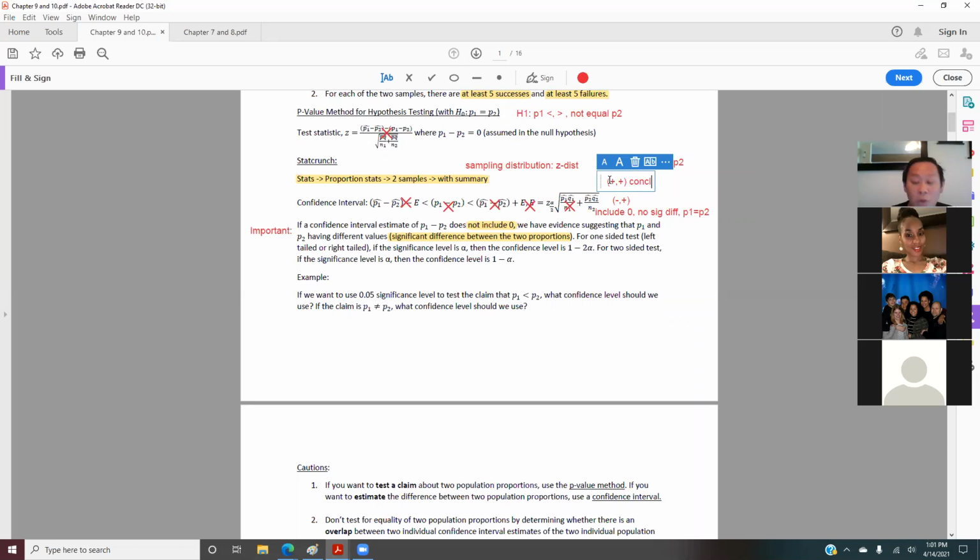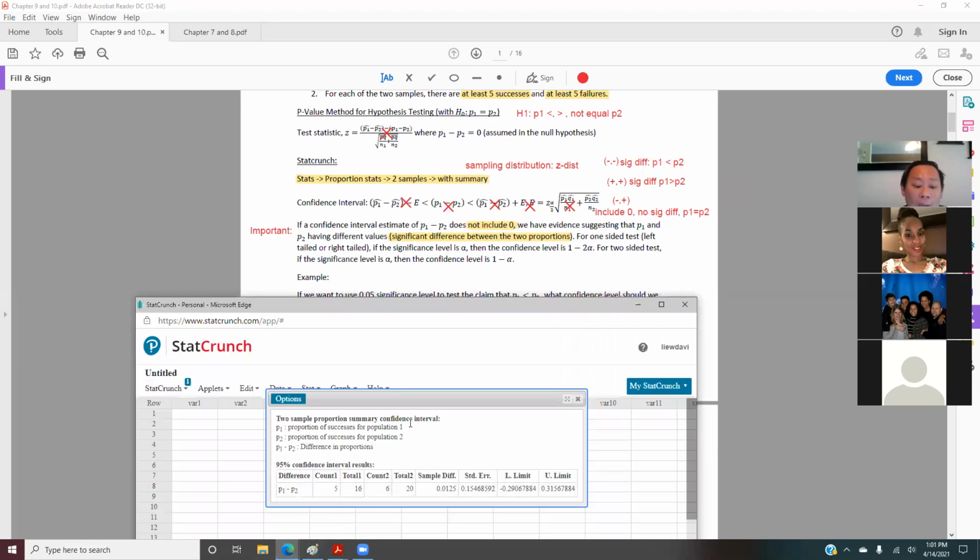Then you can conclude that there is also a significant difference here. But in this case, P1 is more than P2. So this is how you figure out by just looking at your upper and lower limits whether there is a significant difference or no significant difference. And you can also tell whether they are equal, less than or greater than by just looking at it.